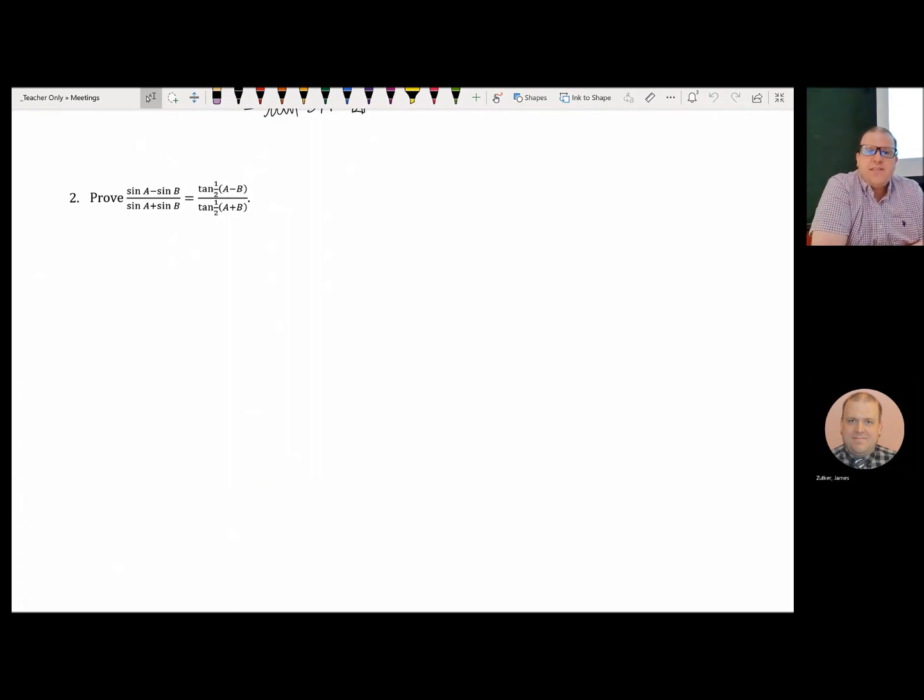To prove that sine of a minus sine of b over sine of a plus sine of b is tangent of a half a minus b over tangent of a half a plus b.